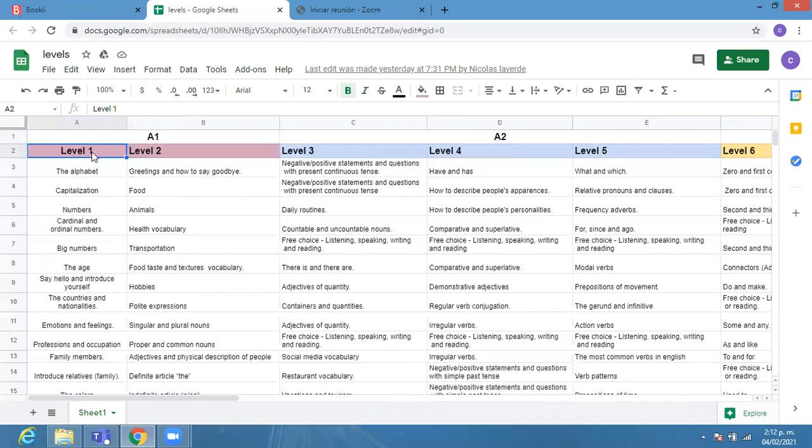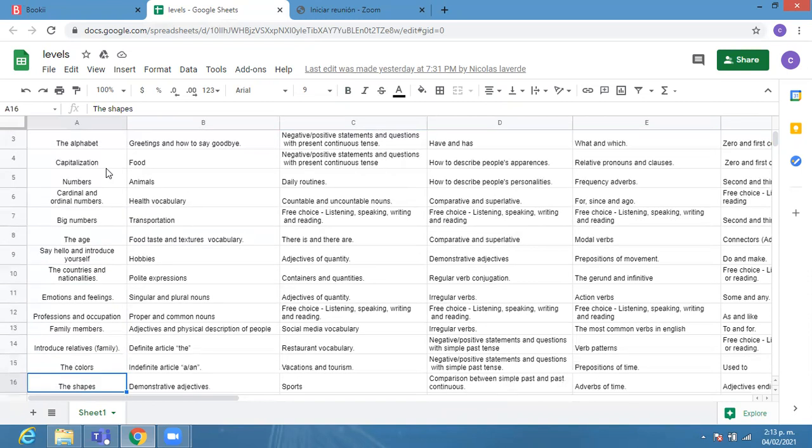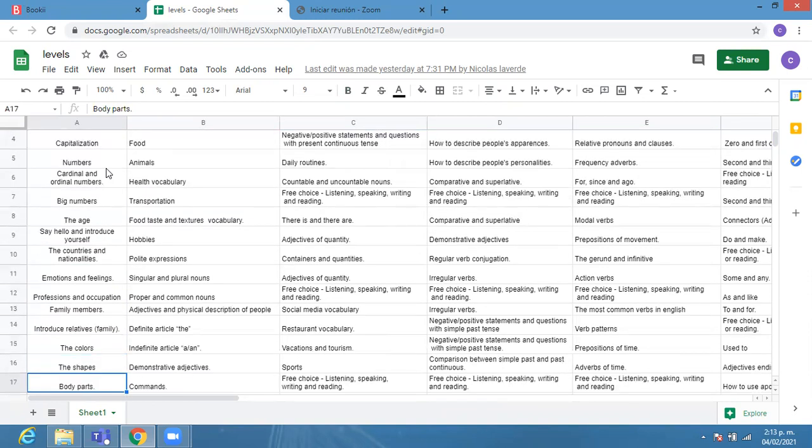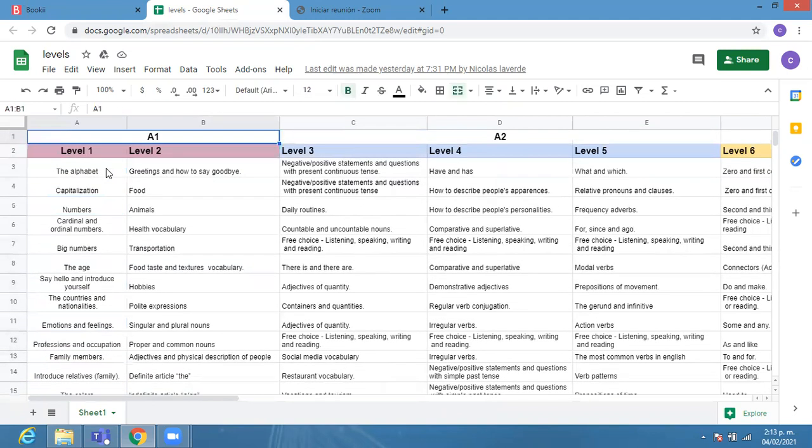We already have worked with levels such as A1, A2, B1, B2, but right now, those levels are organized in this way. These contents will let you know the main scope of every level. So this is intended to be the scope and sequence of all our levels.